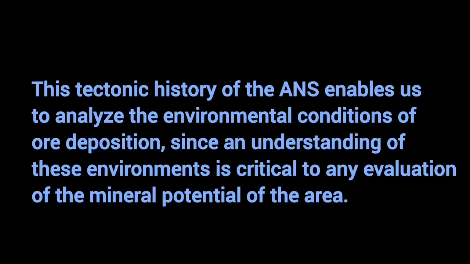This tectonic history of the ANS enables us to analyze the environmental conditions of ore deposition, since an understanding of these environments is critical to any evaluation of the mineral potential of the area.